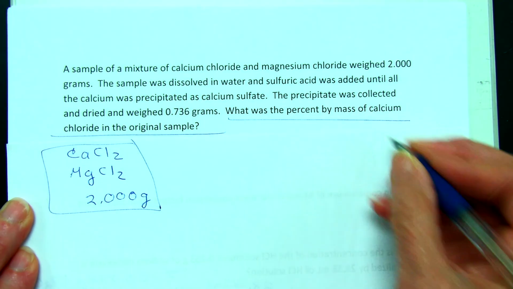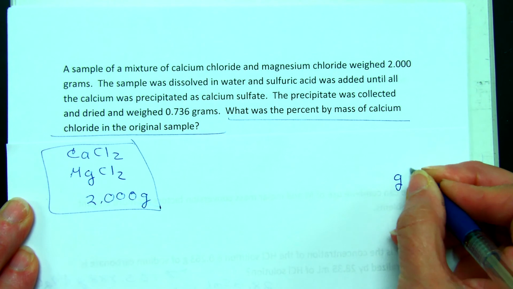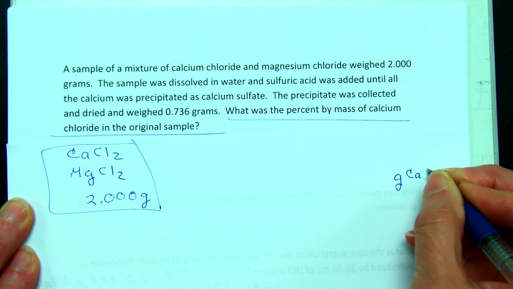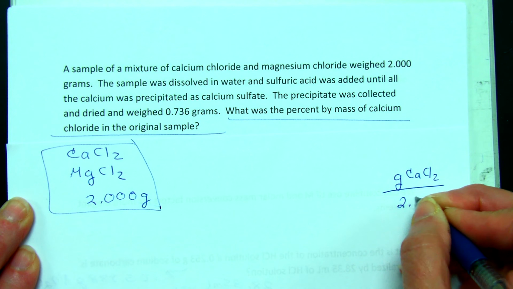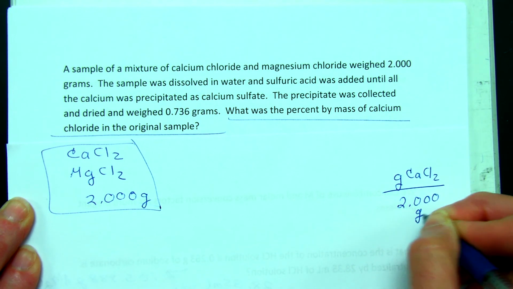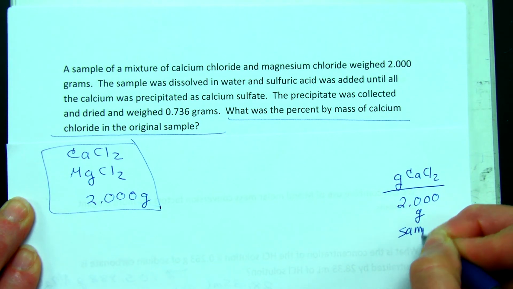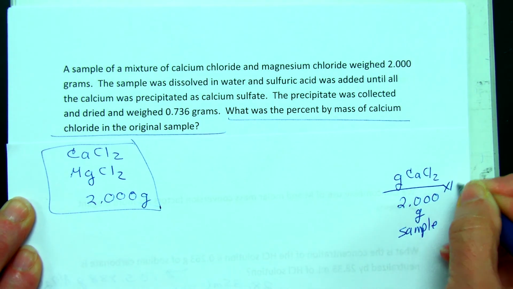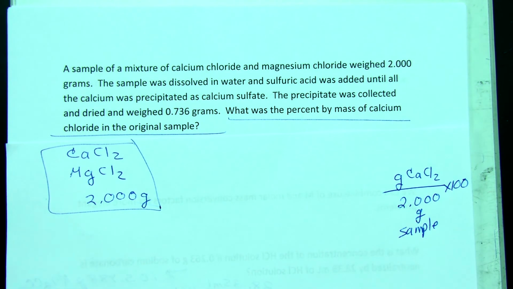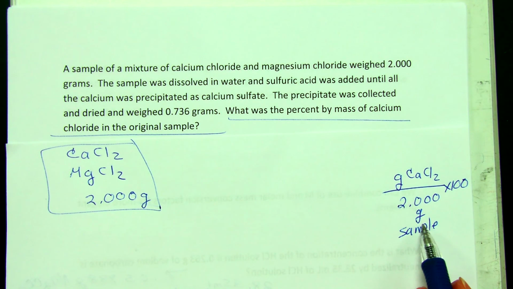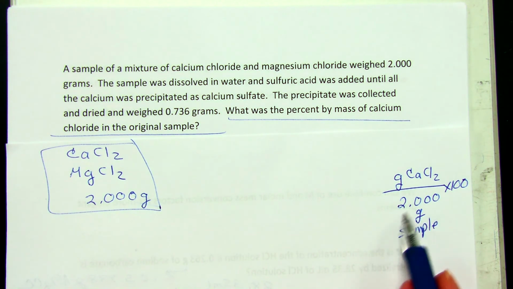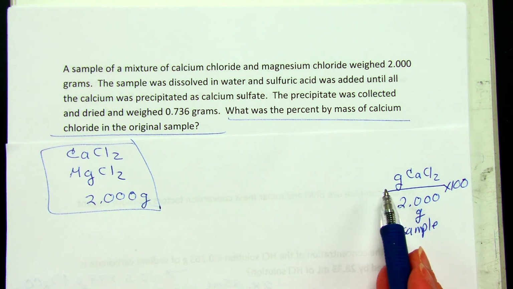So, to find the percent, I need grams of calcium chloride divided by my 2 grams of sample times 100, right? So this is where the 2 grams come in. Grams, the part, divided by the whole. Now, I know the grams of sample, but I don't know the grams of calcium chloride.